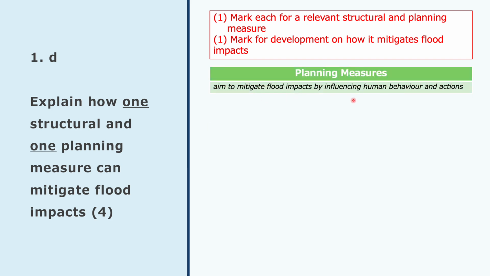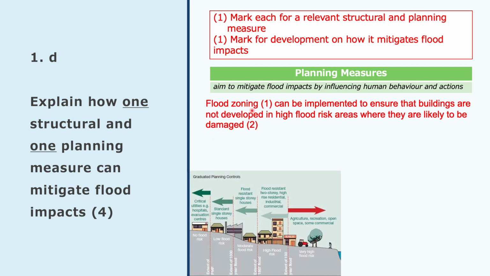Planning measures aim to mitigate flood impacts by influencing human behaviors and actions. So flood zoning, that's one, can be implemented to ensure that buildings are not developed in high flood risk areas where they're likely to be damaged. And so we can see that there's a river here, and certain types of land uses are okay, like agriculture and recreation close to the river.